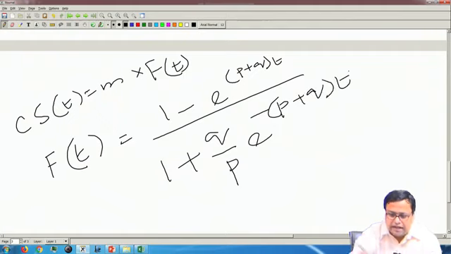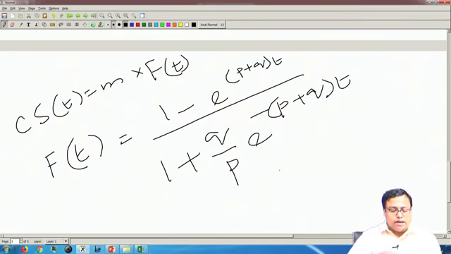So, something like that is the formula, and we will use these formulas to estimate the effect of innovation and imitation in case of a technology product.